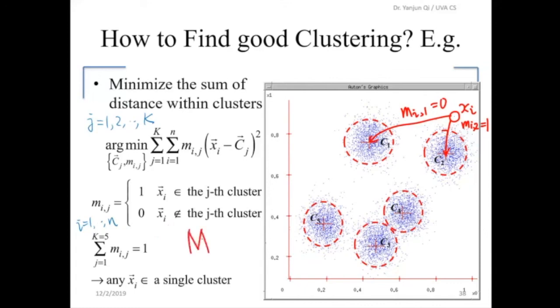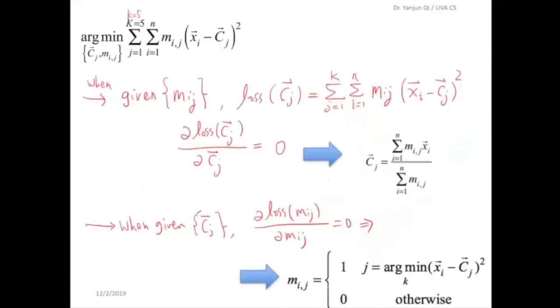If you write it in matrix form, the first index i is n and the second is K. So there are n times K parameters to look for. And you can actually do that very easily with our old trick: set the gradient to 0, take the partial derivatives of the loss function with respect to the parameters, set them to 0, and solve.